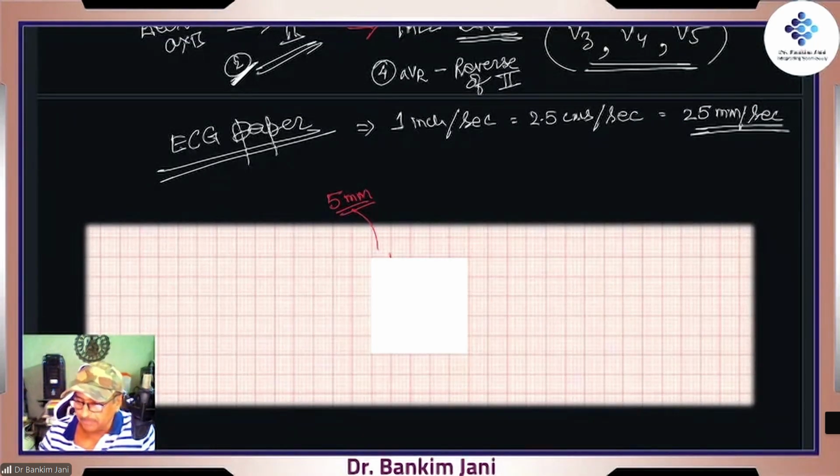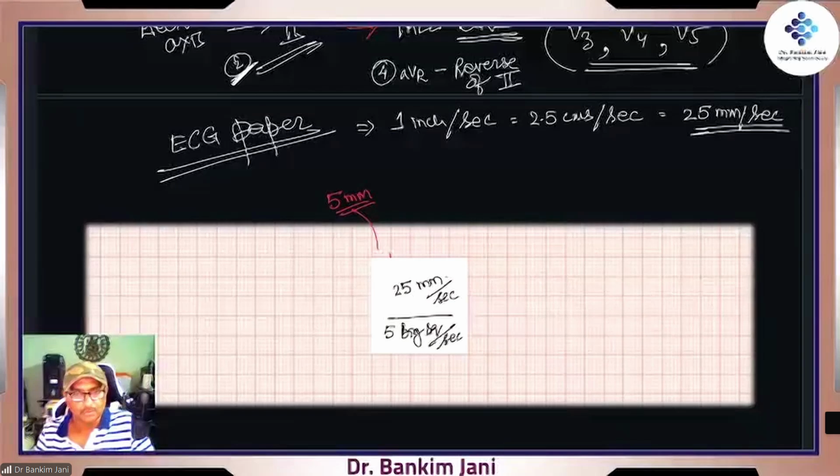So 25 millimeters per second means 5 big squares per second.